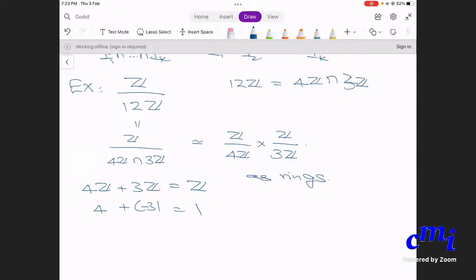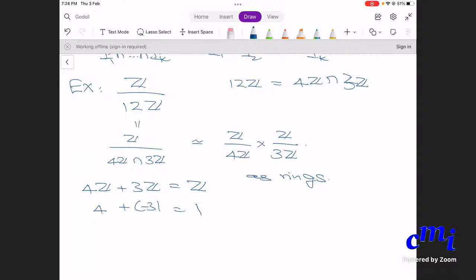So I'm saying that the rings Z mod 12Z and Z mod 4Z cross Z mod 3Z are isomorphic as rings, and the isomorphism, if you want to actually do it, is given by that phi. You have to follow through that proof and see that phi is actually an isomorphism between Z mod 12Z and Z mod 4Z cross Z mod 3Z. So things of this kind.